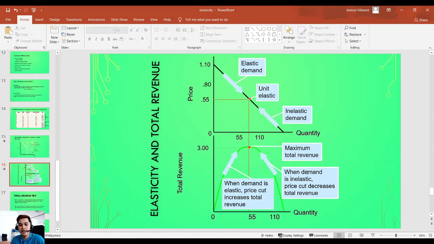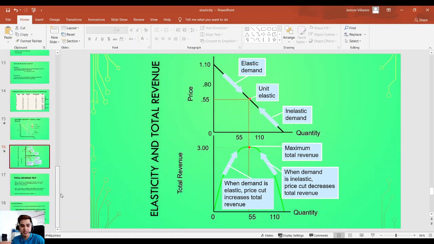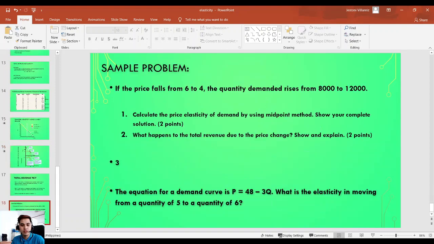So when the demand is inelastic, if you decrease your price, your total revenue will also decrease. So you should increase the price instead, same product, so you can increase your revenue. So that's how elasticity can be applied in decision making, especially in businesses. All right, clear?